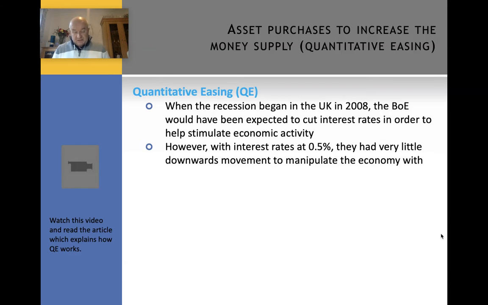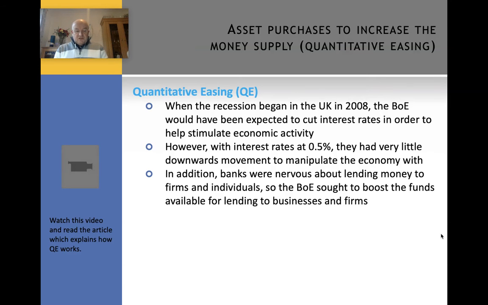And actually, as history tells us, those historically low interest rates didn't make that much difference to the amount that people were borrowing and spending, simply because of the fragility of consumer and business confidence.